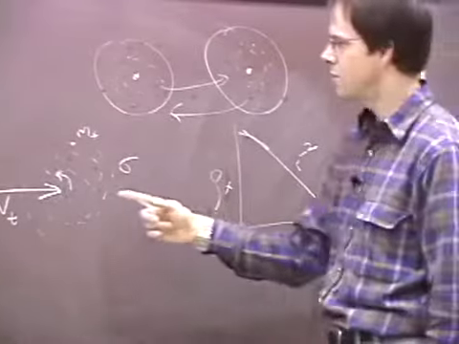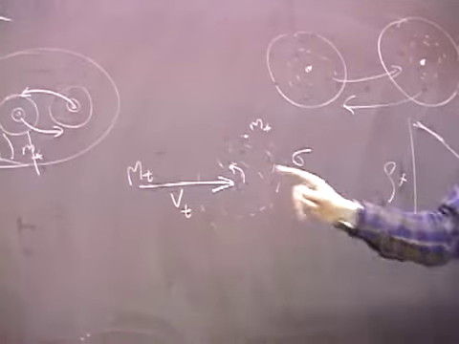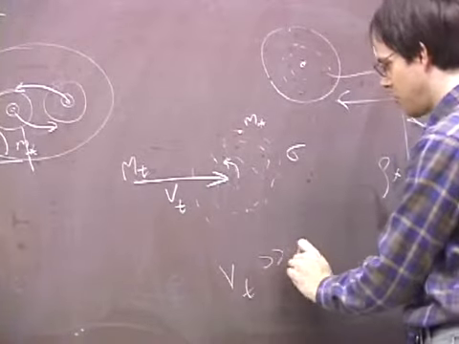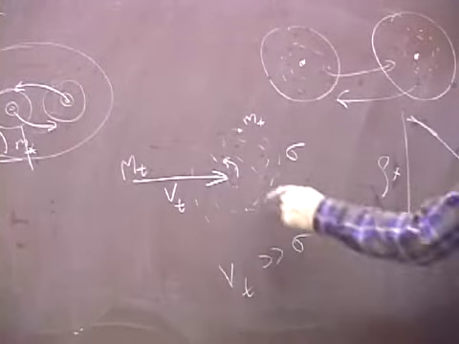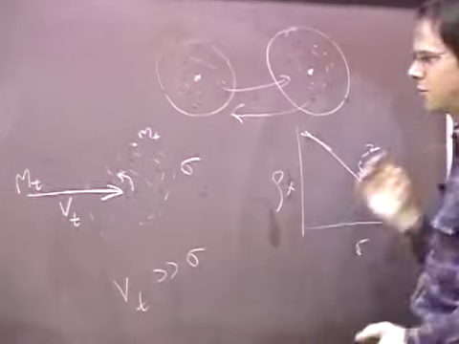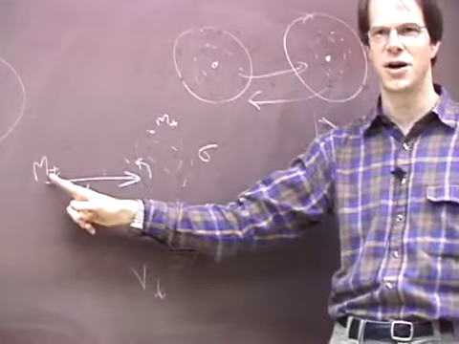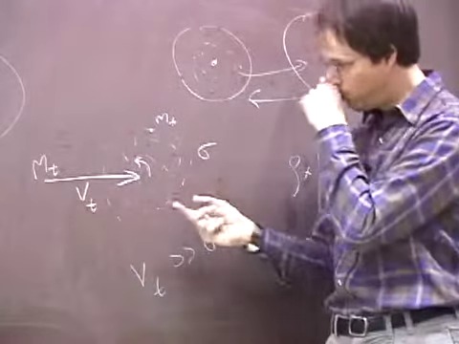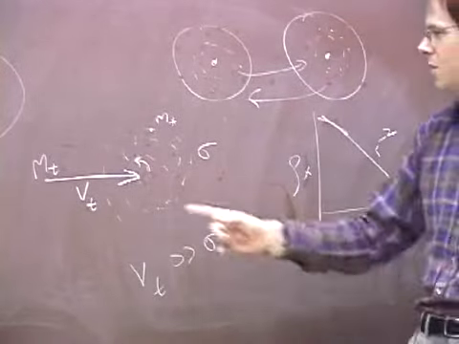But we can also ask how much energy has been imparted to this little test star in that collision. And let's assume that v_t is much larger than sigma. Then what happens in the typical collision is that this little star, which let's imagine the collision is viewed from the rest frame of this heavy mass, so its velocity doesn't change very much, in the collision, the velocity of this little star is essentially reversed.